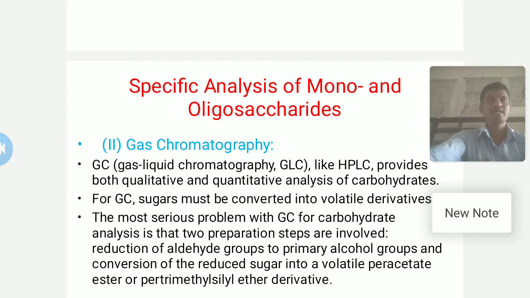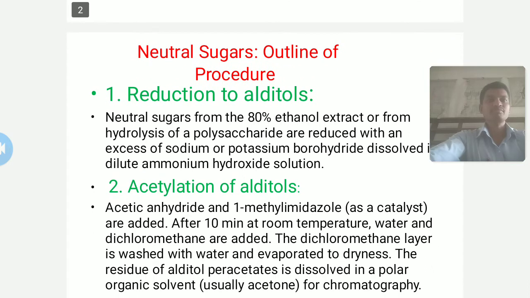For example, glucose contains a free aldehyde group, CHO, and that group is converted into a primary alcohol group. The second one is conversion of that reduced sugar into a volatile peracetate ester, or per-trimethylsilyl ether derivative. So these derivatives must be made.